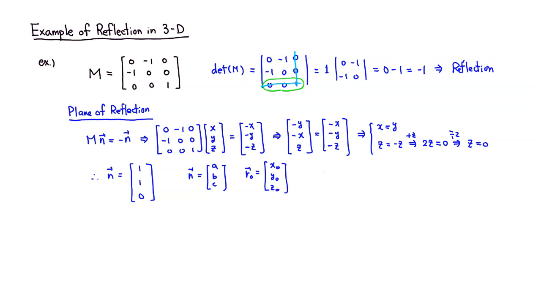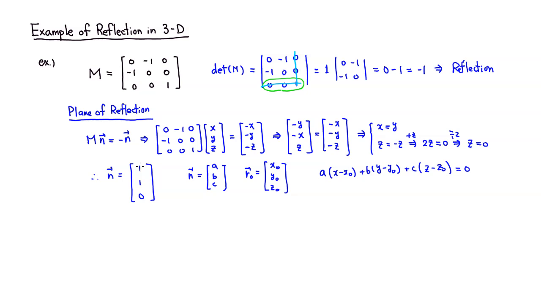Then the equation of the plane is a times (x minus x0) plus b times (y minus y0) plus c times (z minus z0) equals 0. That's the equation of a plane.